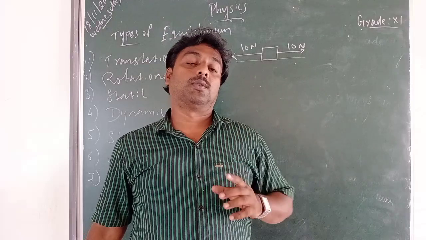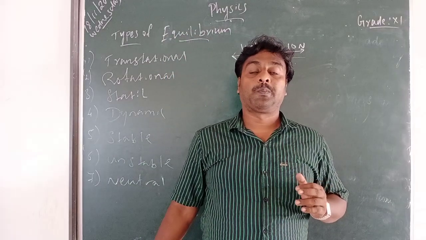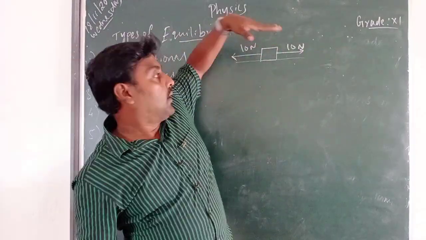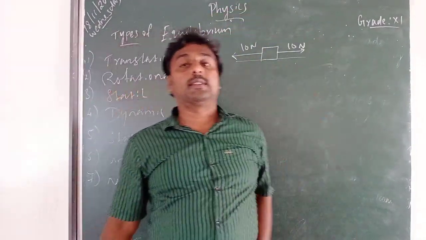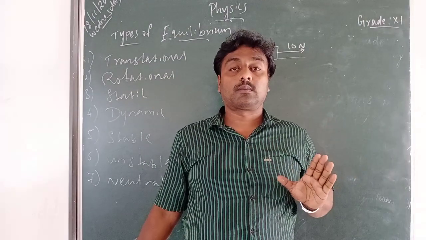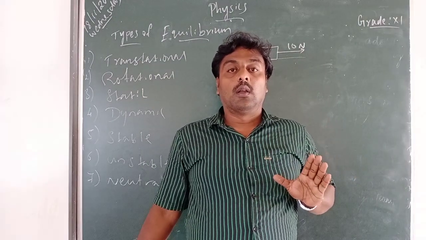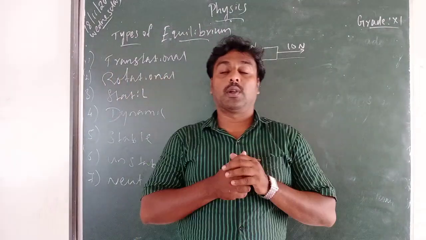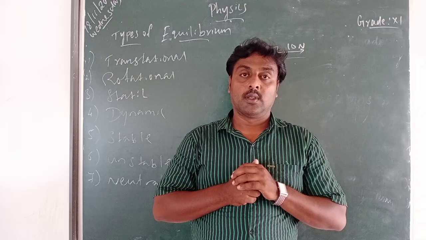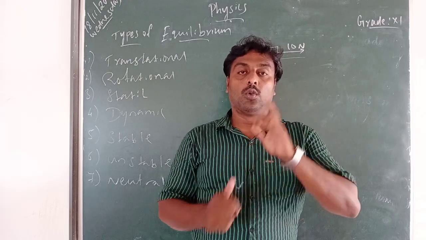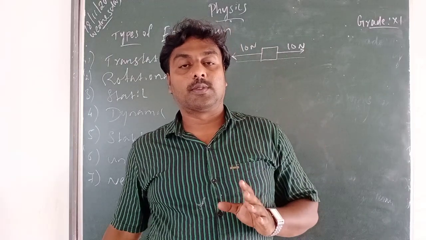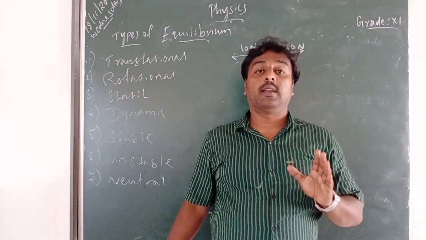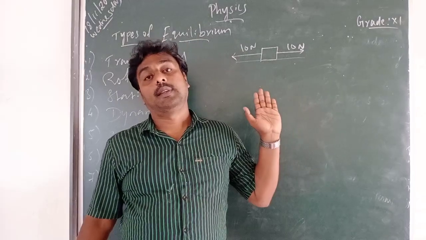That is the first one, translational equilibrium. Linear momentum is constant. Here the motion in this direction and this direction is constant only. The net force is also 0. Two points only: translational equilibrium means linear momentum is constant and the net force acting on the object is 0.